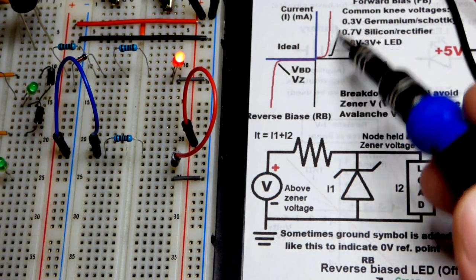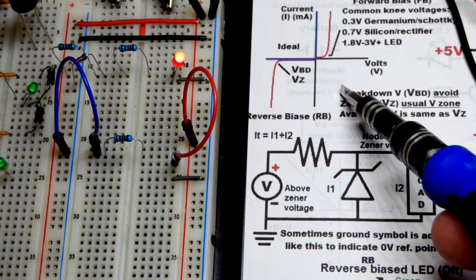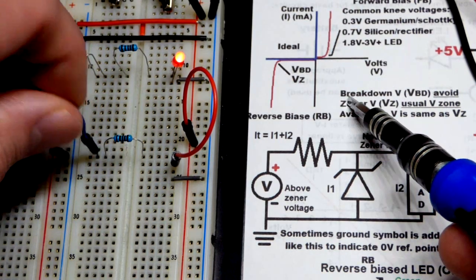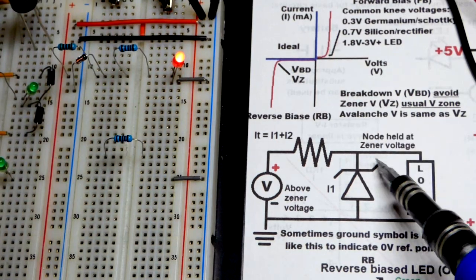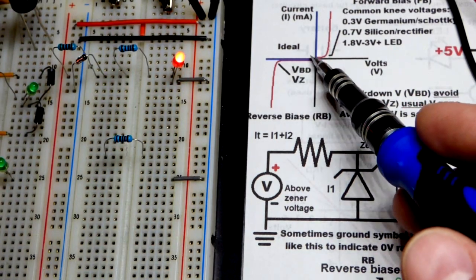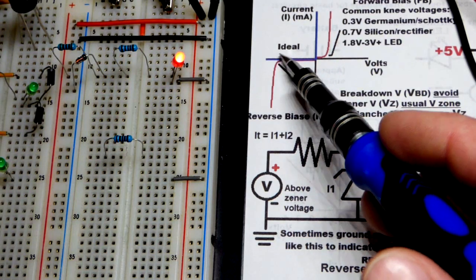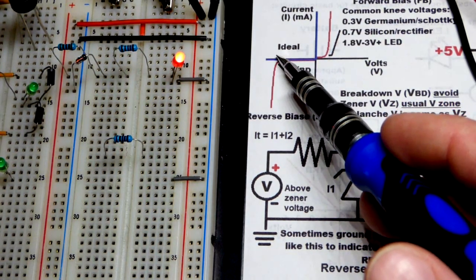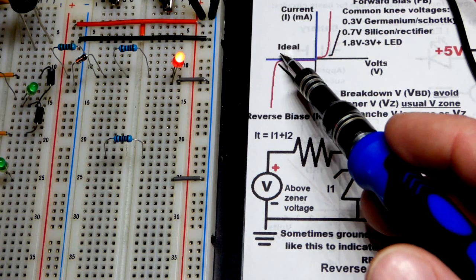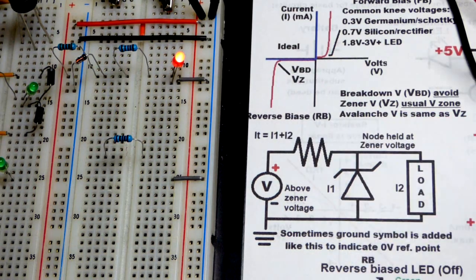It will conduct forward bias like other diodes, but that's not how they are intended to be used for the most part. You reverse bias them. So if you put enough voltage across the diode, well, reverse bias is the direction that it blocks voltage and current. If you raise the voltage enough, sooner or later it will start conducting.